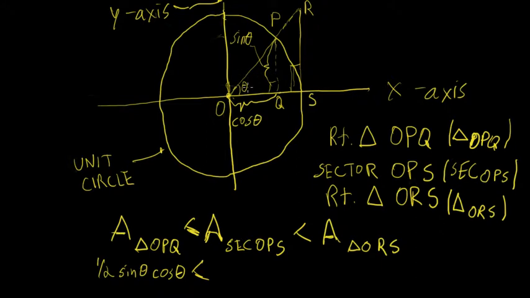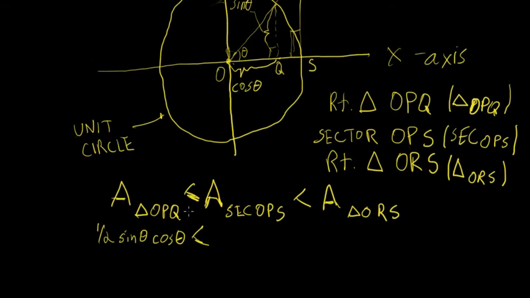Its fraction is going to be theta over 2 pi times the area of the circle. The area of the circle is just pi, so these cancel, and this is just theta over 2.